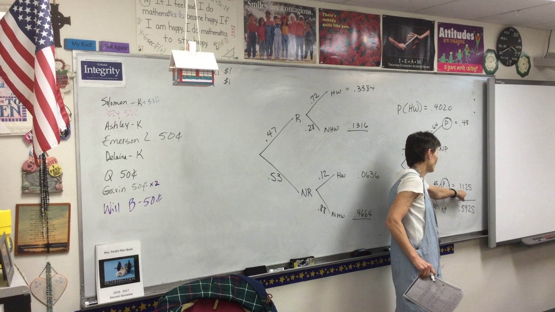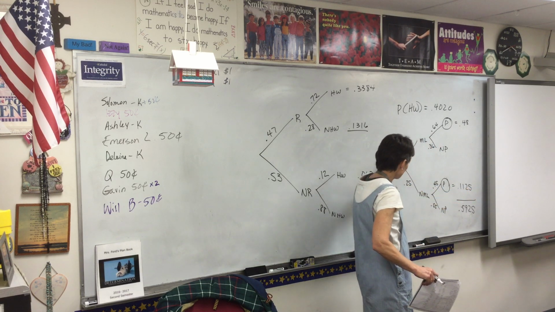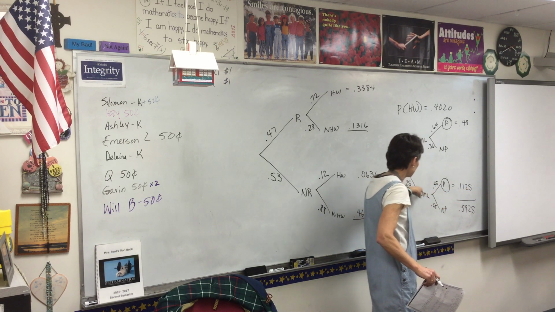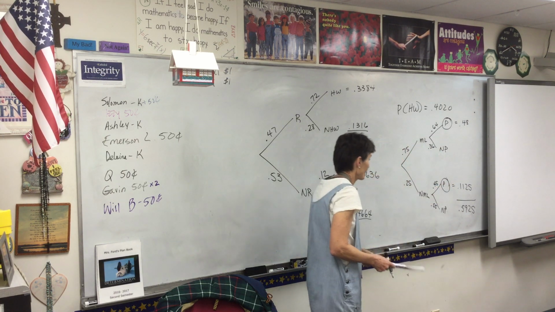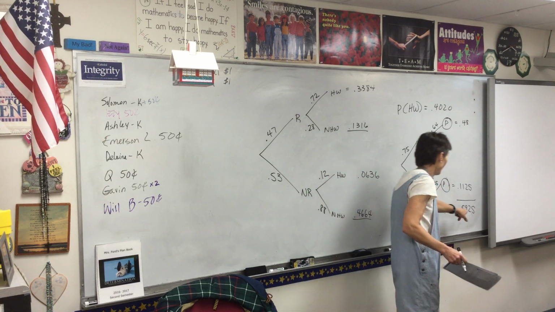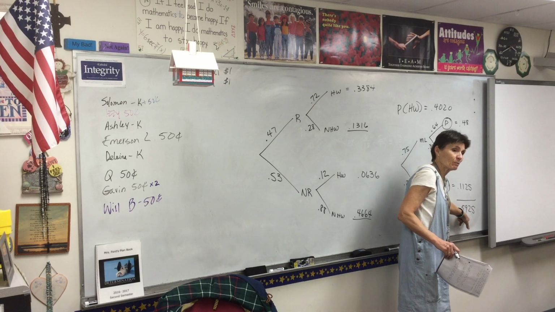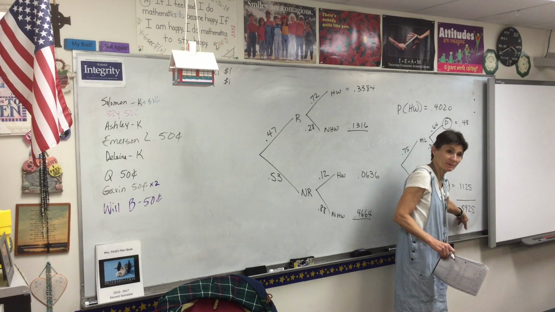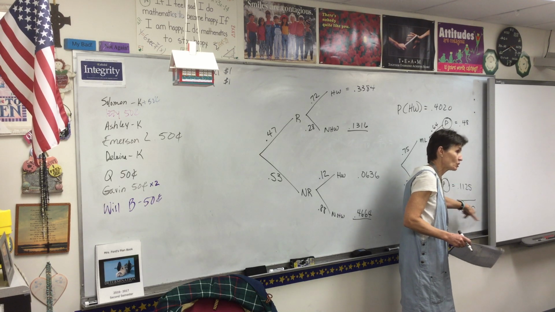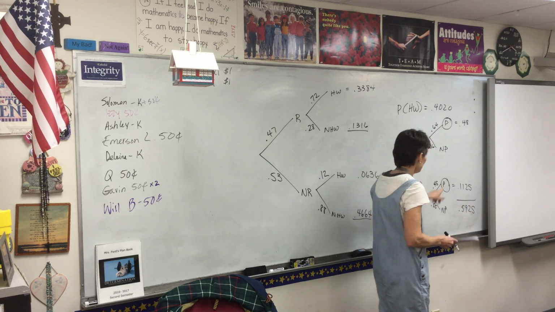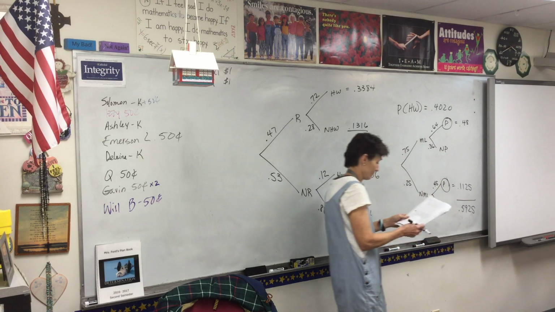So that would be 0.1125, because this is the potatoes and not meatloaf branch. What was this 0.5925? That was the total potato probability. So that was potatoes whether or not we had meatloaf. That's just total potatoes. This is potatoes and no meatloaf.